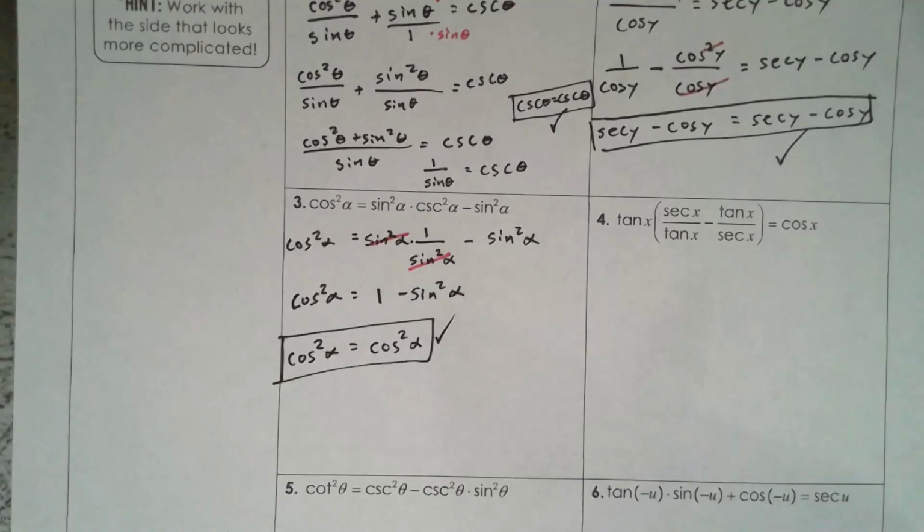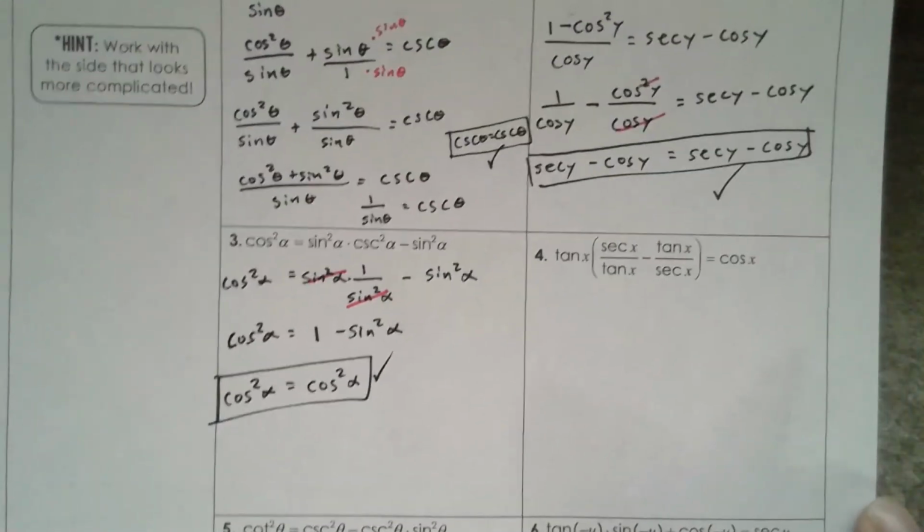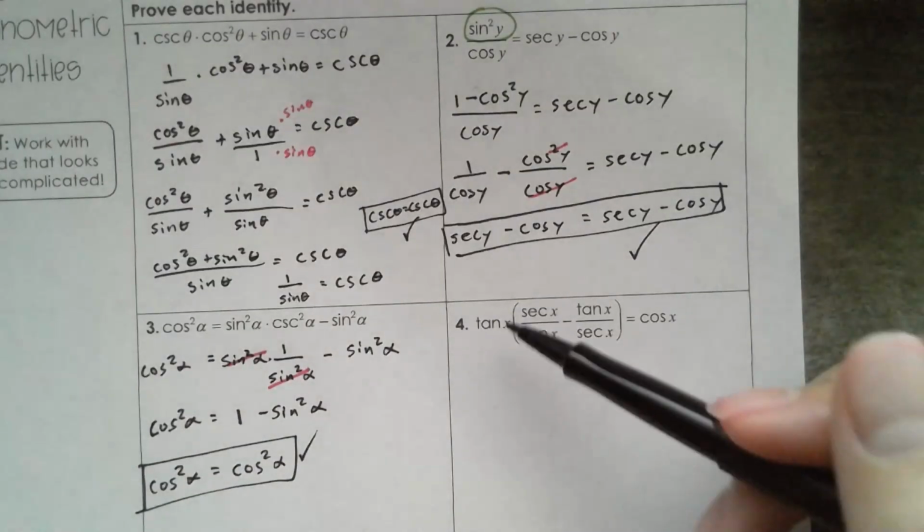Okay, going to 4, tangent x times (secant x over tangent x minus tangent x over secant x) is equal to cosine x. Clearly, the left side here is the complicated one.